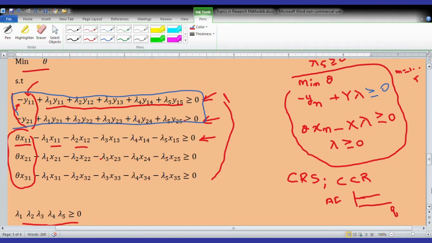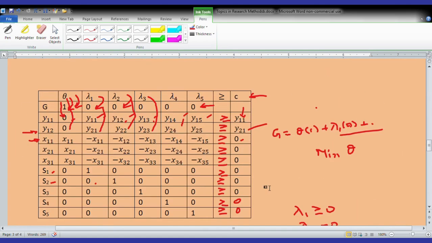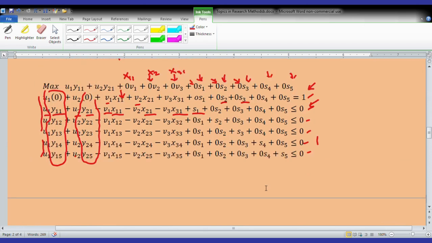So before turning to the BCC model, I want to correct one error that I feel I have committed here in this system, because we have already introduced the slack variables.